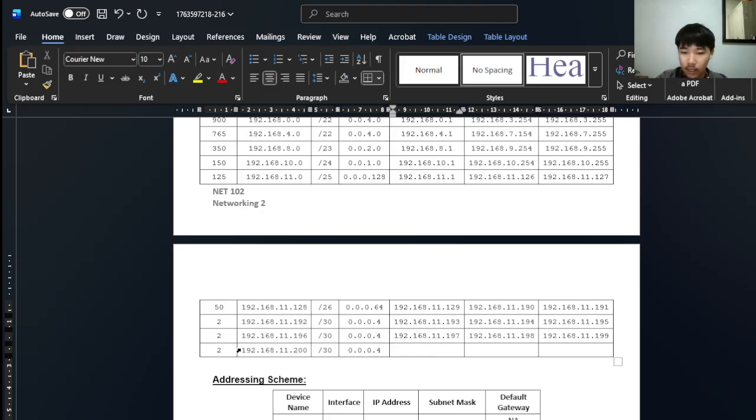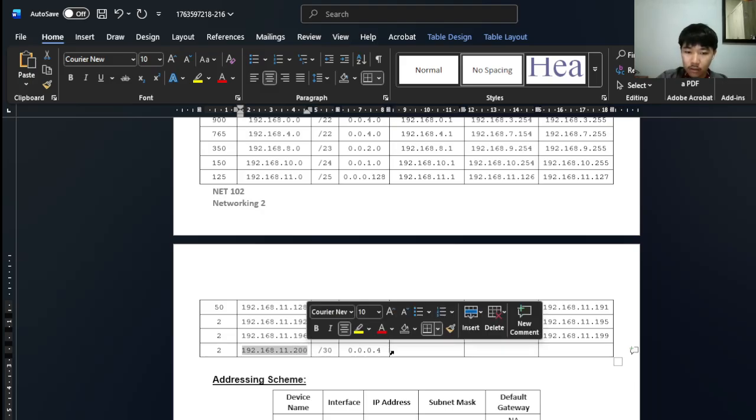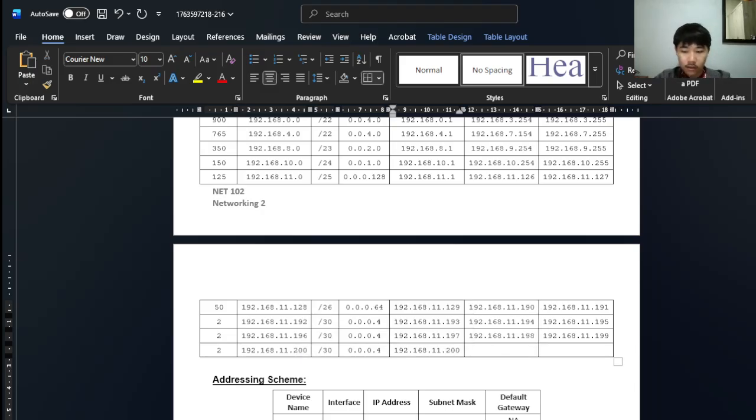Then let's copy again, add 1, and copy, then increase by 2.